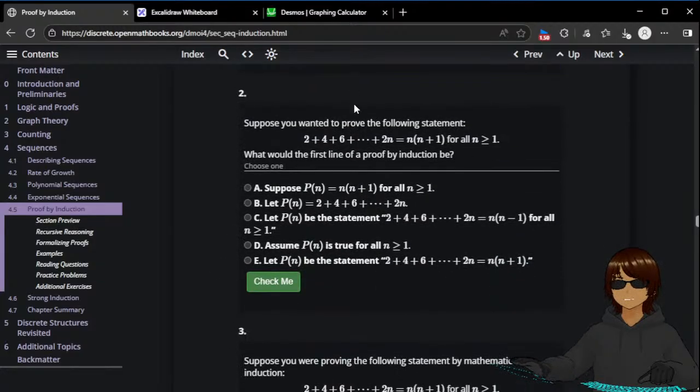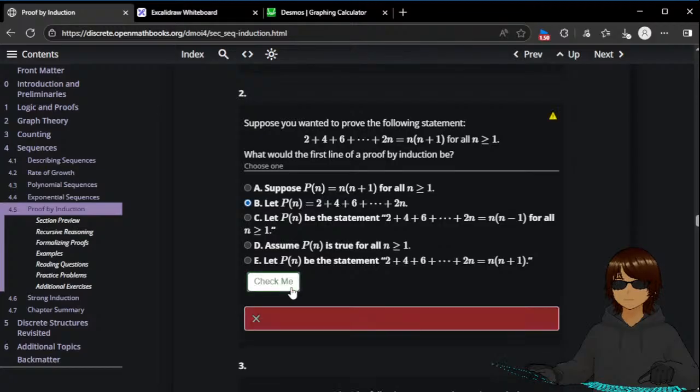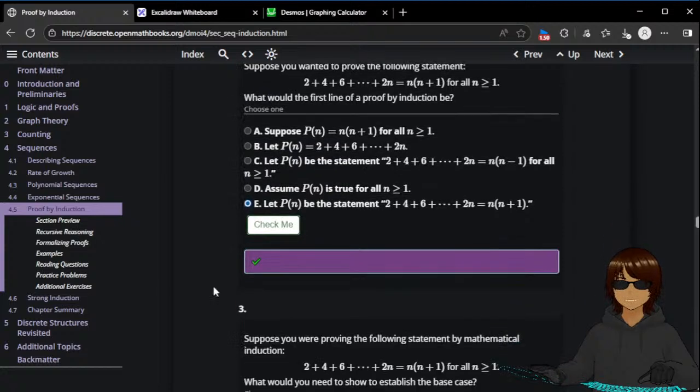Okay. Suppose you wanted to prove the following statement. What would be the first line of the proof by induction? So we define Pn, right? Let Pn be the statement. Yeah, like that.